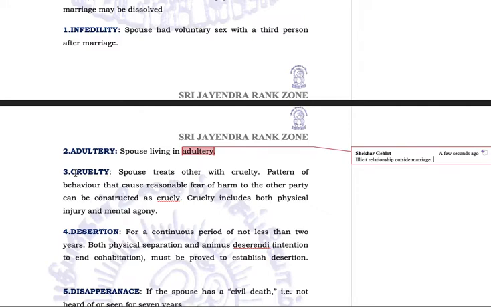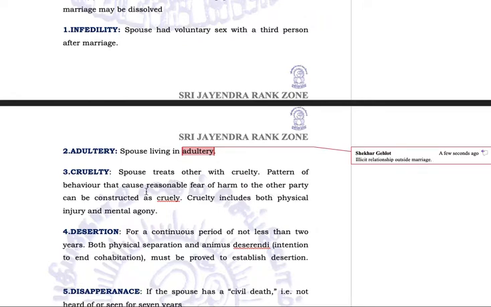Cruelty. One spouse treats another spouse with cruelty. Cruelty can be both physical as well as mental. That means you are torturing the wife, harassing her for dowry, or beating her, you are alcoholic, or one is taking drugs and not taking responsibility. Mental harassment is there. A pattern of behavior that causes reasonable fear of harm from the other party can be construed as cruelty.